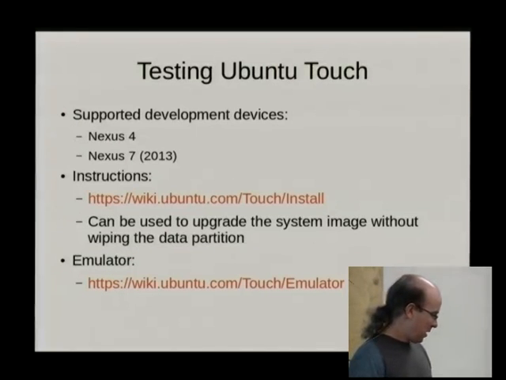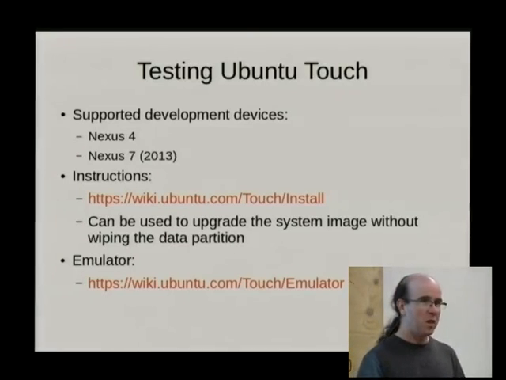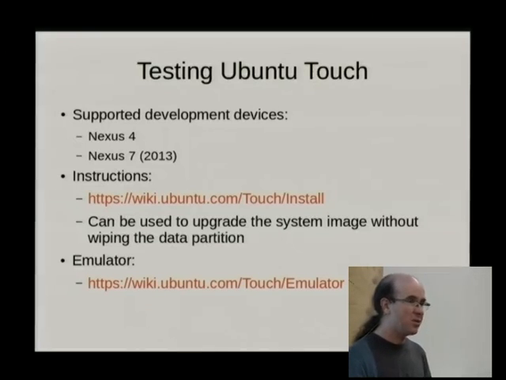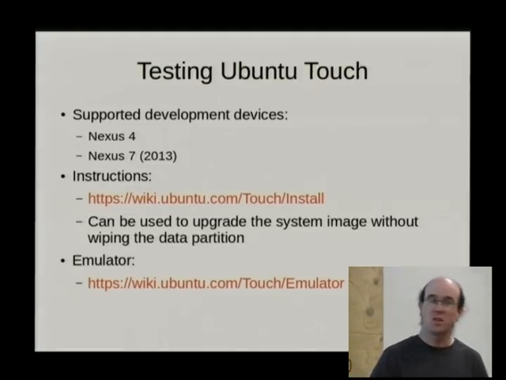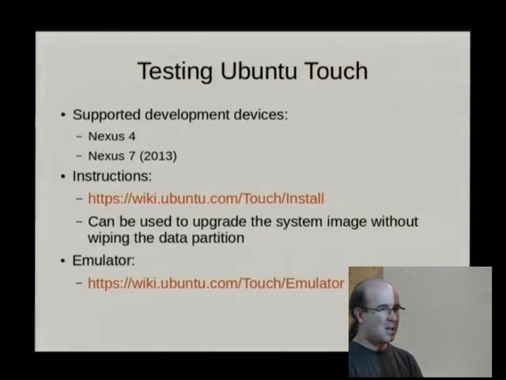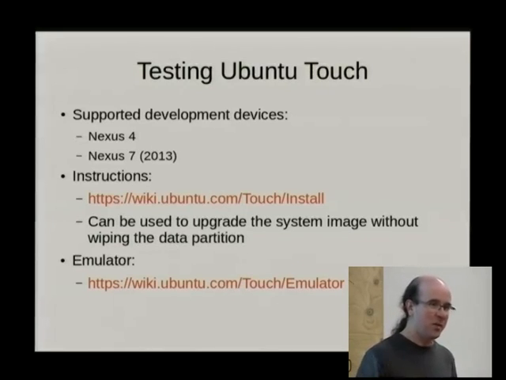So if you're wanting to test out Ubuntu phones, Ubuntu Touch, the main supported devices we've got at the moment are the Nexus 4 and the 2013 model of the Nexus 7. The main reason we've only got those two supported models is that we've got a lot of those two devices, and that's what most of the Canonical developers are using for this work.